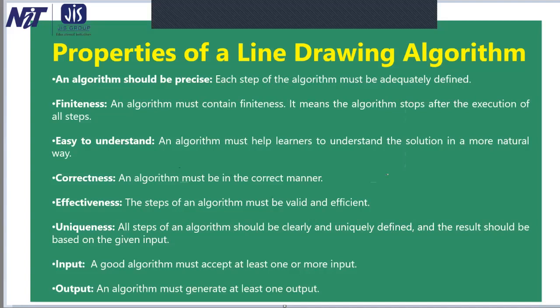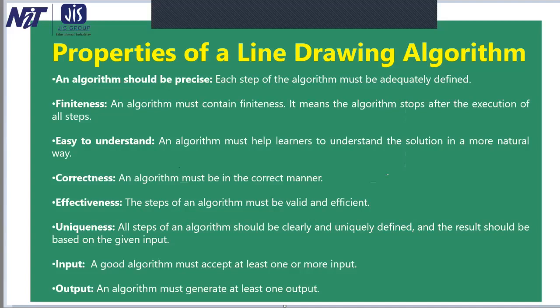Easy to understand. An algorithm must help learners to understand the solution in a more natural way. How the algorithm works, that concept must be clear to the learner. Correctness. An algorithm must be in the correct manner.